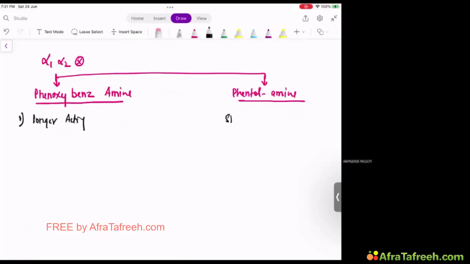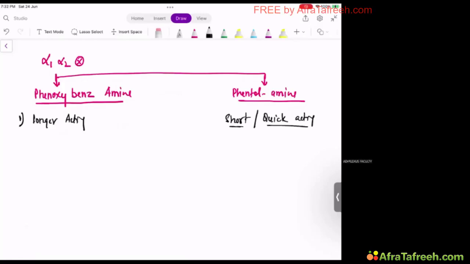The shorter name is short acting, and short acting drugs are always quick acting. Short but quick acting, long but slow acting. Simple to remember. The longer acting drug, can you remember, will be a reversible blocker or an irreversible blocker?